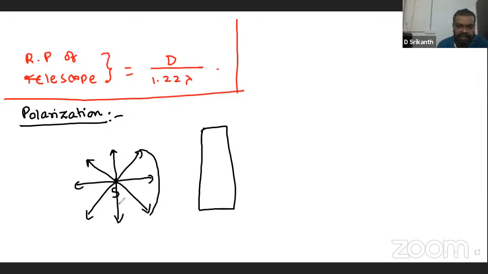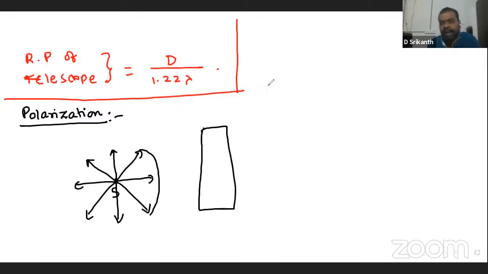The other light rays go in other directions, so it is a waste. Due to these light rays moving in other directions, we are losing light energy. So now we want all the light rays to travel in one direction.